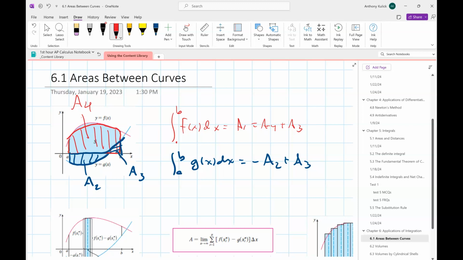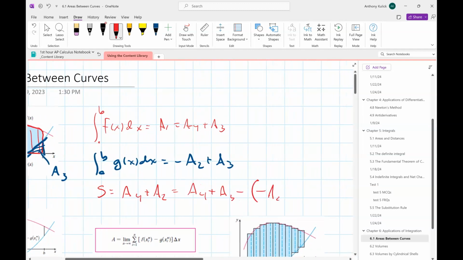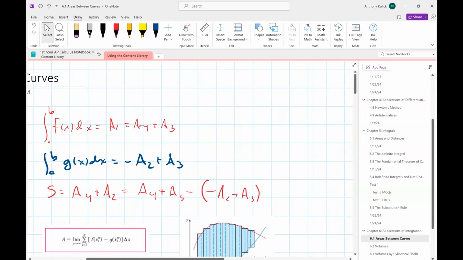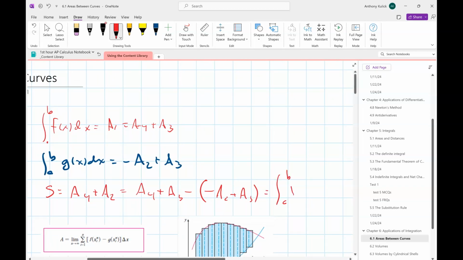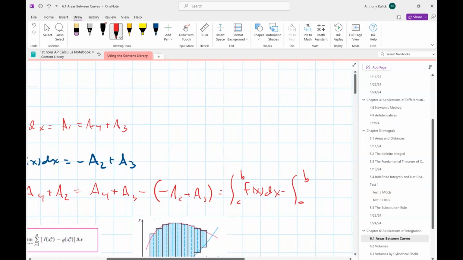Everybody's okay there? So that area S then looks like it's A4 plus A2, right? Notice that's the same thing as A4 plus A3 minus negative A2 plus A3, which is the integral from A to B of f of x dx minus the integral from A to B of g of x dx.